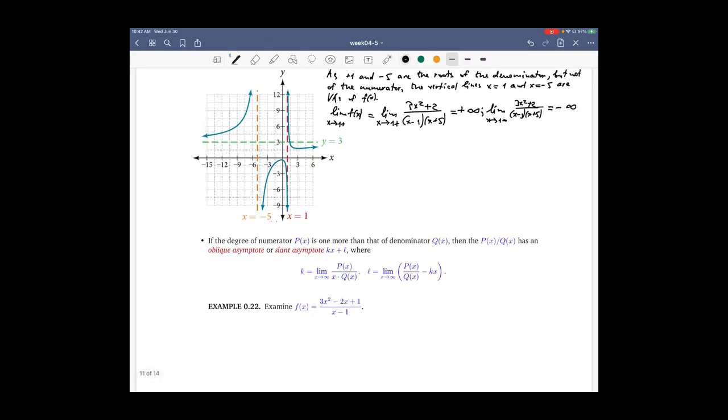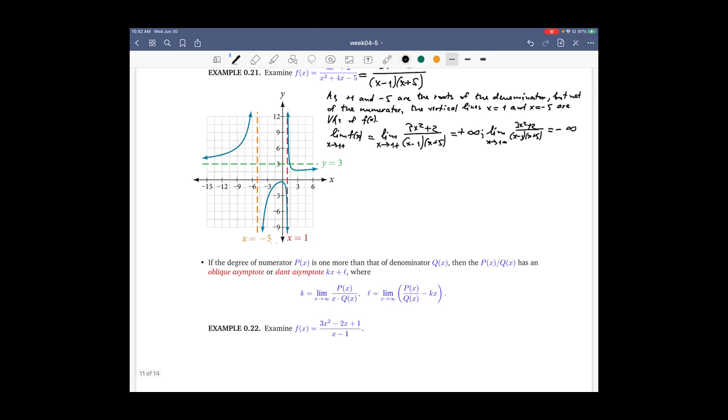Likewise, we can do this work for the other asymptote, -5.